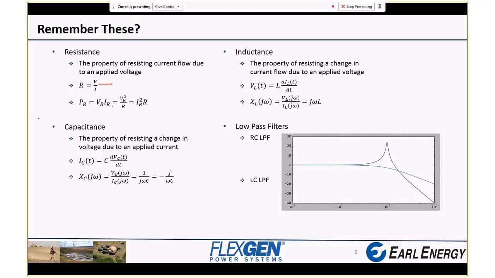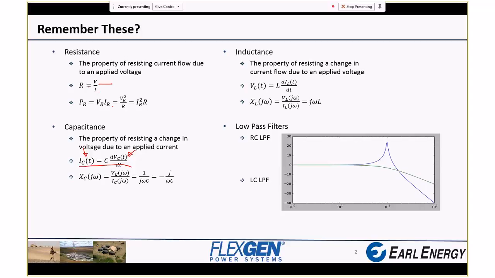So remember, a capacitance is the property of a component resisting a change in voltage due to a change in current, and that's defined by this equation here. You apply a current, and that drives a change in voltage. Whereas with a resistor, you apply a voltage or a current, and you directly get the other.